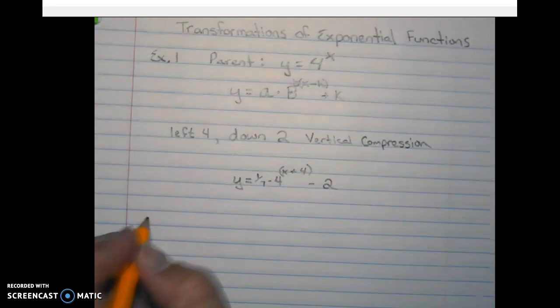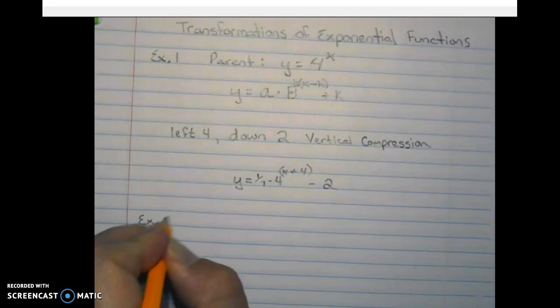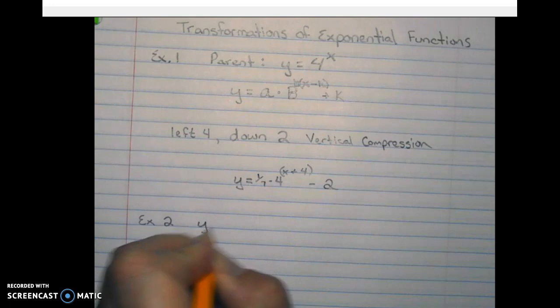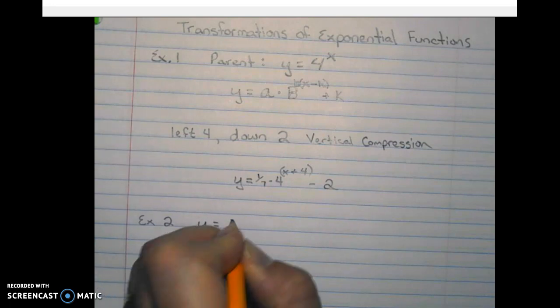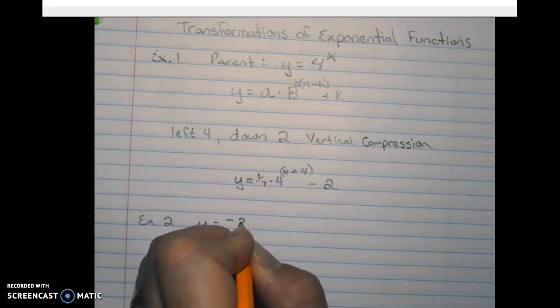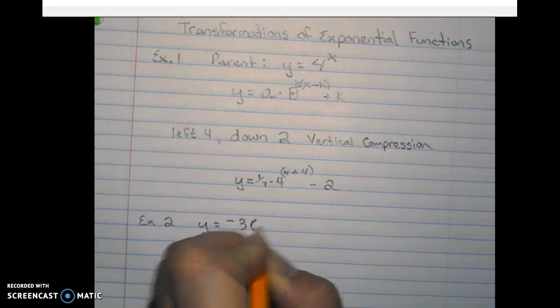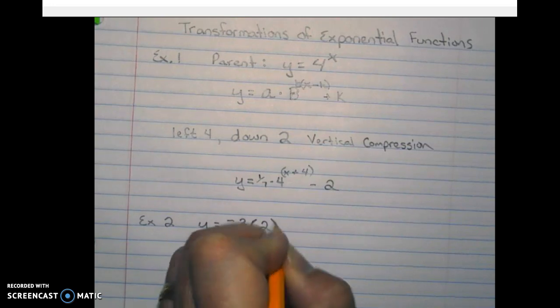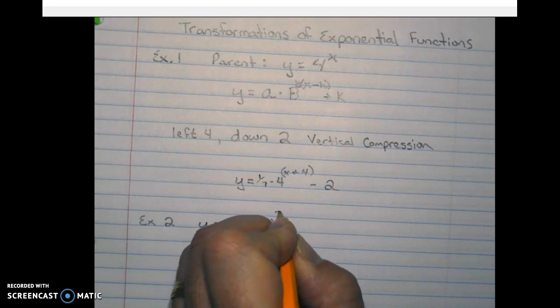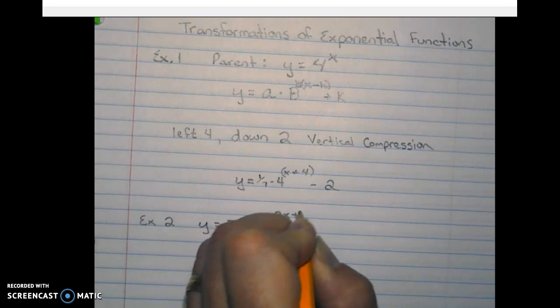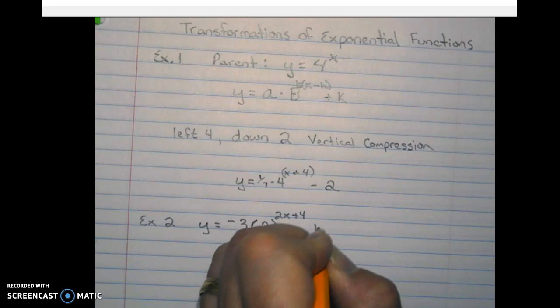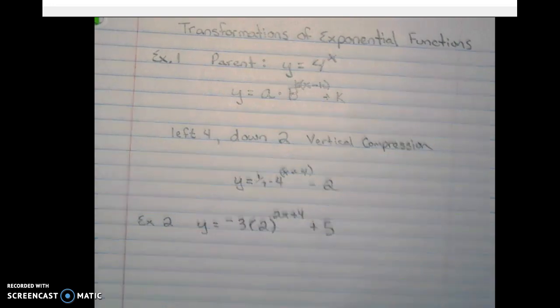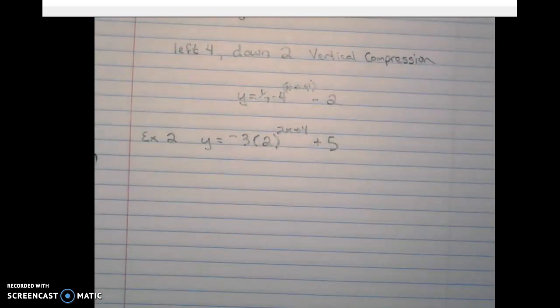Okay, let's take a look at another example. Let's go ahead and write the transformations for this function.